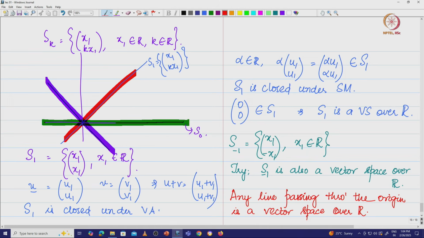So now what you do is you add them, the resultant is going to be along the same direction and so on. So we see that any line passing through the origin is a vector space over R.